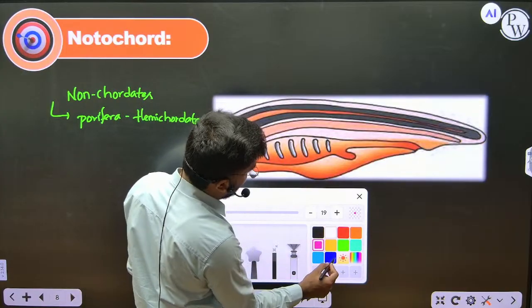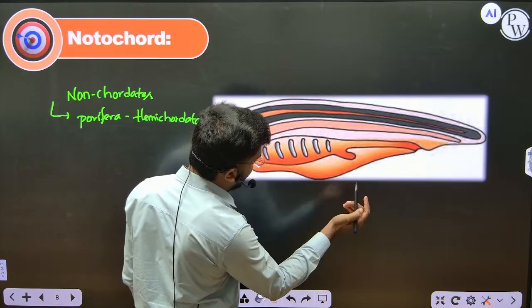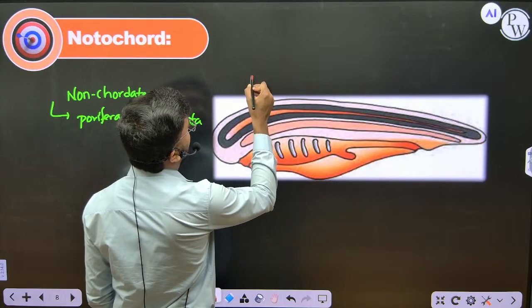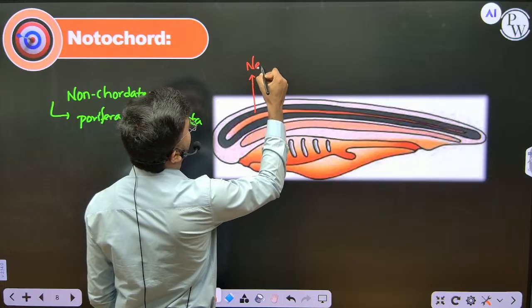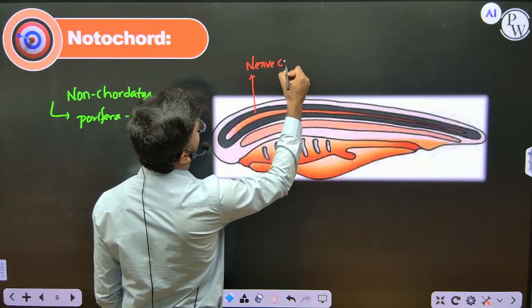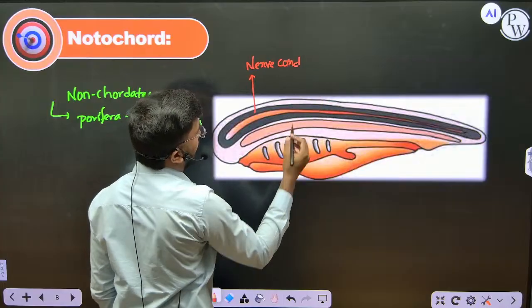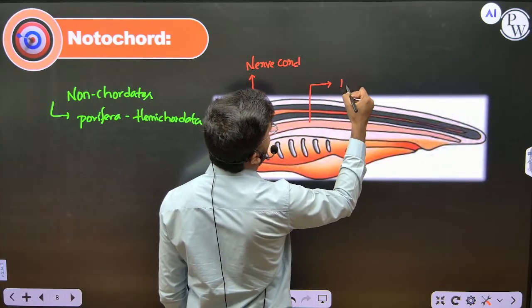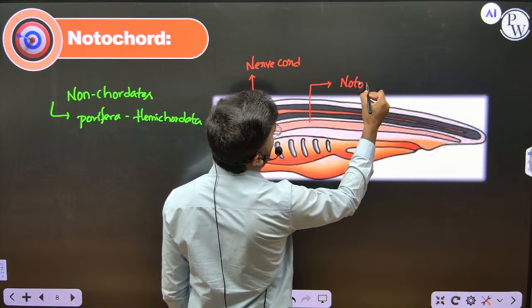Next, let me label the picture given here. Which color will be good? I think we'll go with red. This is called the nerve cord. And this one, as I said earlier, is the notochord.